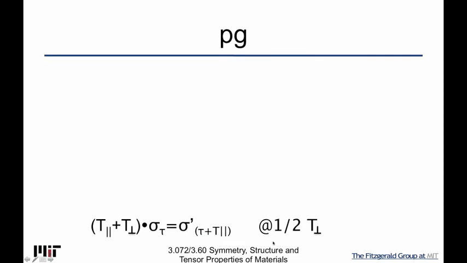And you can see here, using our theorem at the bottom, we're going to have t parallel plus t perpendicular as t, right, dotted with sigma tau equals sigma prime tau plus t parallel. So let's explain that.